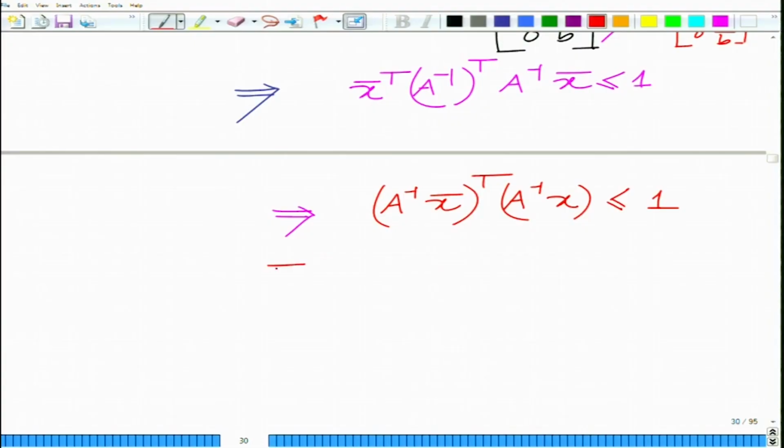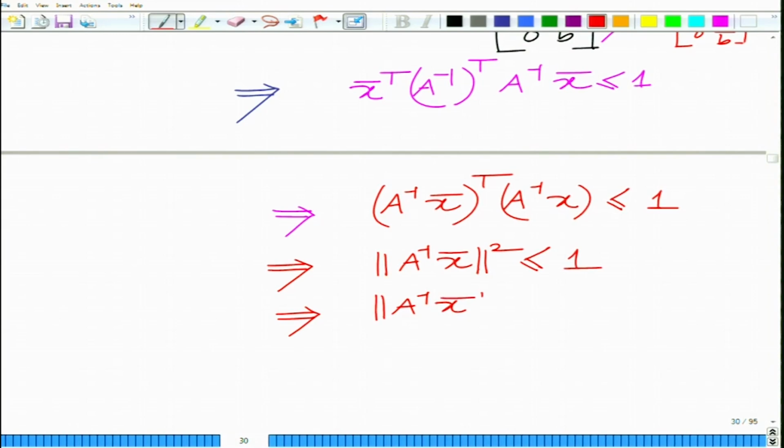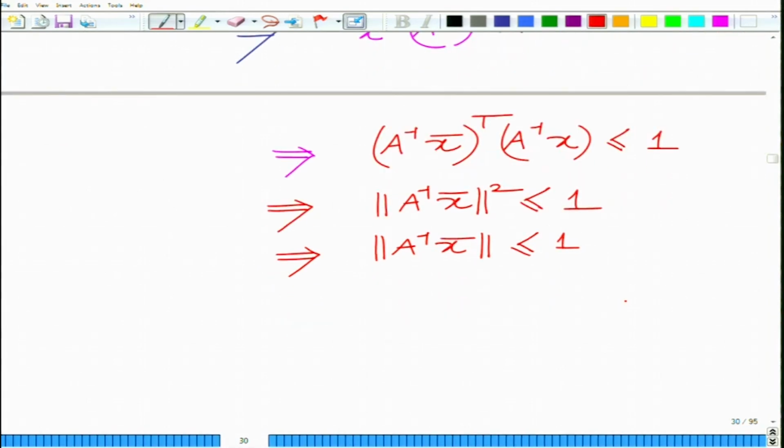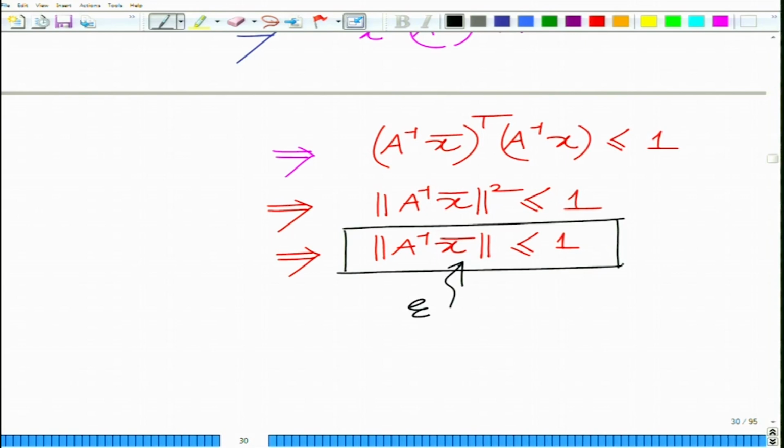So, I can write this very interestingly as norm A inverse x bar square less than or equal to 1, that implies norm of A inverse x bar is less than or equal to 1, and this is the equation of the ellipse above.